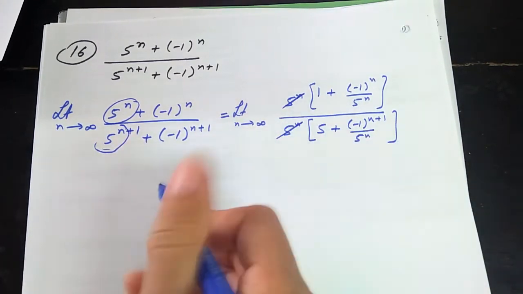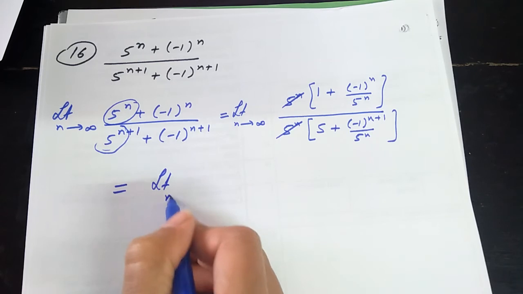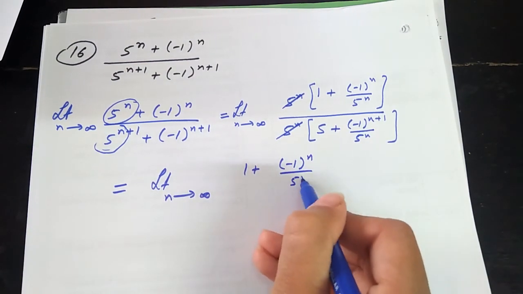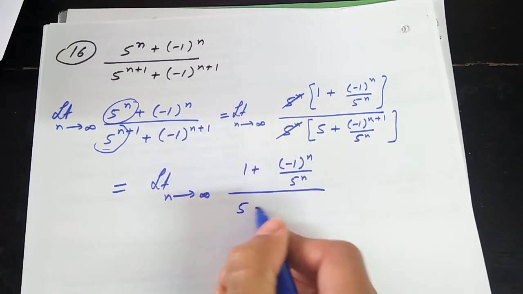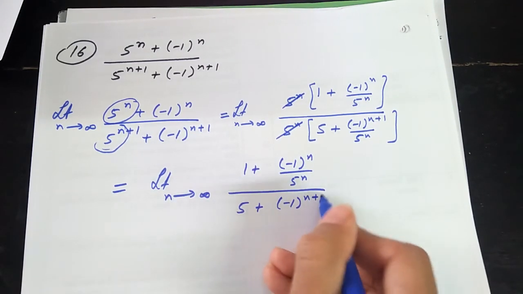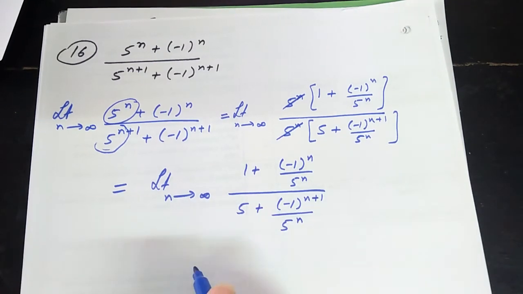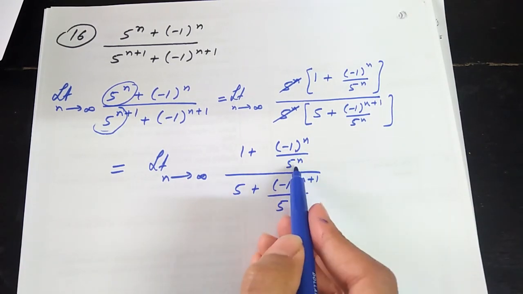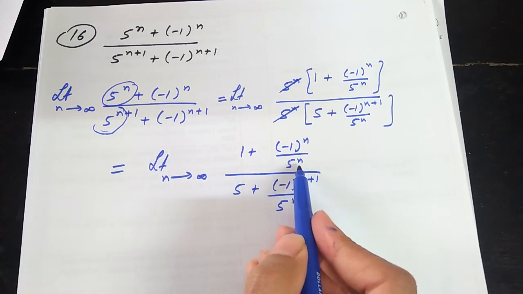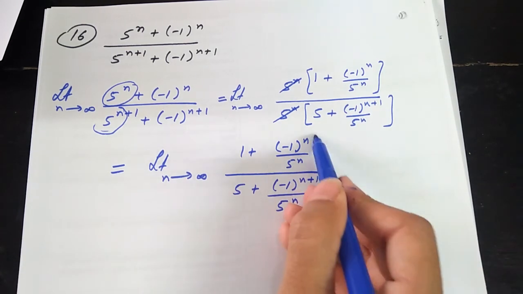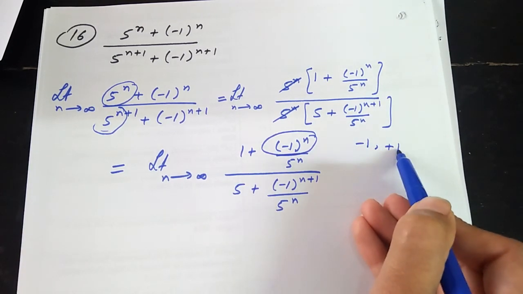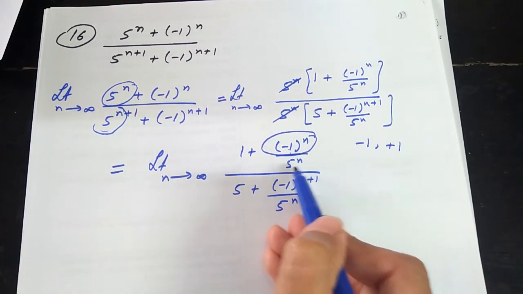This will be cancelled. So I will be left with the limit as n approaches infinity of (1 plus (minus 1) to the power n over 5 to the power n) divided by (5 plus (minus 1) to the power n plus 1 over 5 to the power n). Now if I apply the limit here, it will become 1 over infinity, and you know that 1 over infinity gives 0, because the numerator is either minus 1 or plus 1, and that over infinity gives 0.